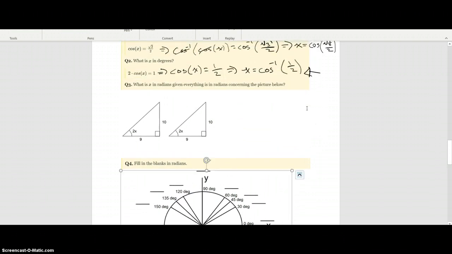Now it says, what is x given in radians? I don't know if this picture should be here. What is x in radians, given everything is in radians, considering the picture below? So this is in radians over here. Let's just write SOHCAHTOA.